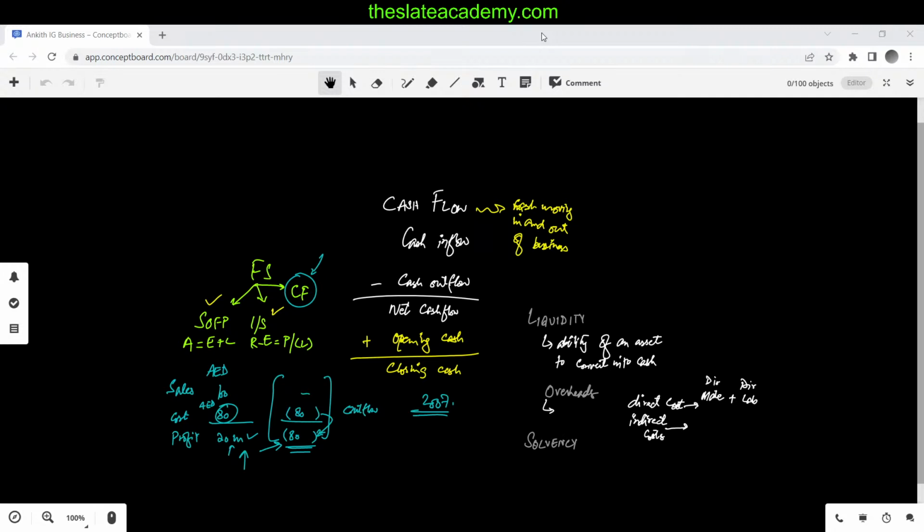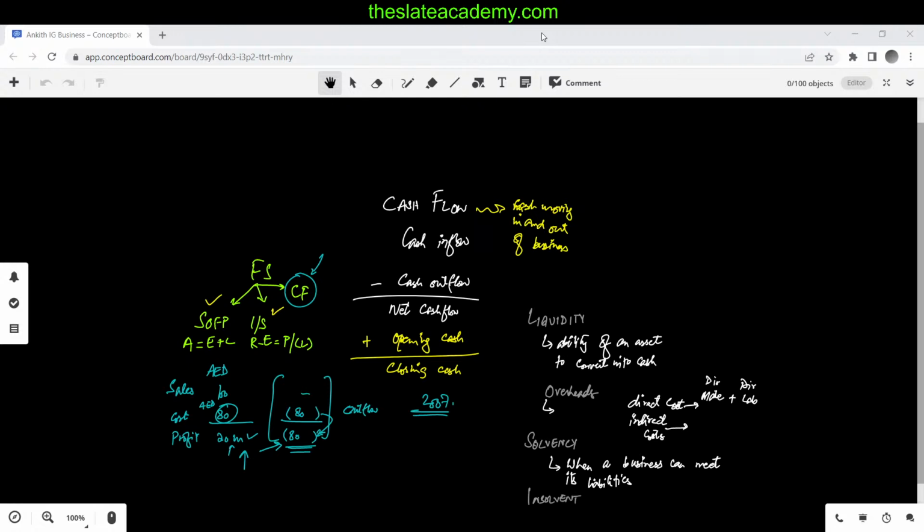Solvency is the position of a business when the business is able to meet its liabilities, meet or pay. Similarly, if a business runs into a situation where it is unable to pay its liabilities, then the business is declared insolvent.